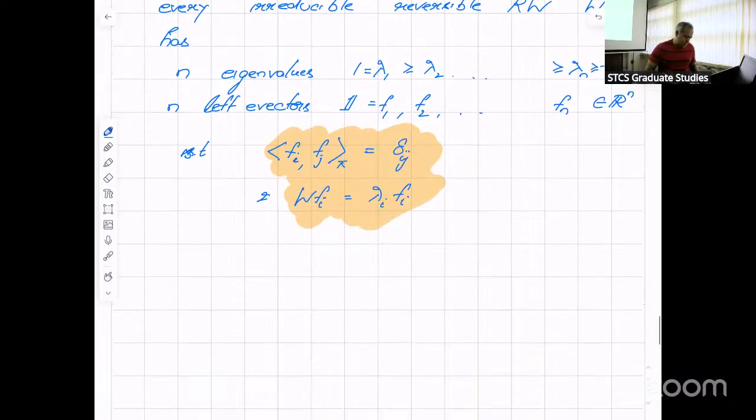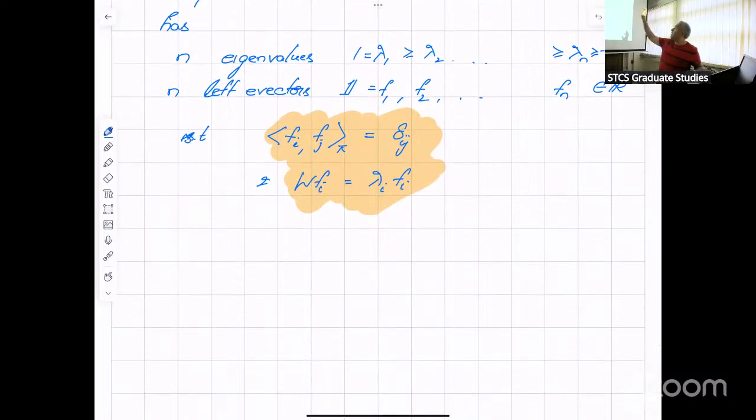So given a random walk which is irreducible and reversible, we know its eigenvalues are between 1 and -1. 1 is certainly attained, and it is a single eigenvalue corresponding to the eigenvector all ones. And then you have eigenvectors for all the rest, and it forms a nice orthonormal system under the pi inner product.